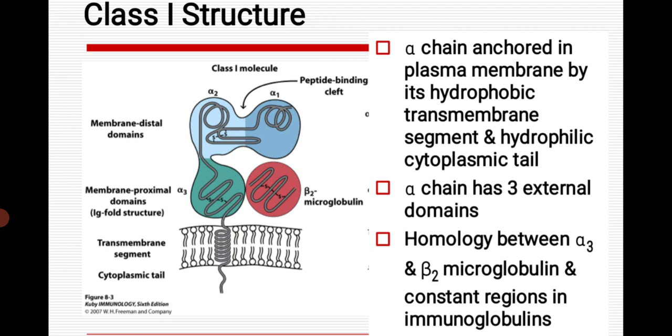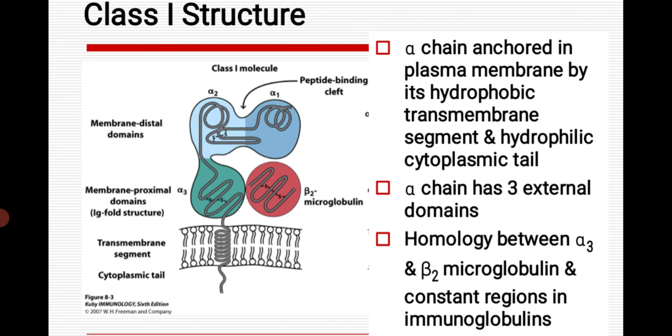Class one. The class one MHC molecules are expressed by all the nucleated cells in a eukaryotic organism, and these are surface receptors. These are glycoproteins, and class one is made up of two chains, the alpha chain and a beta 2 microglobulin chain.